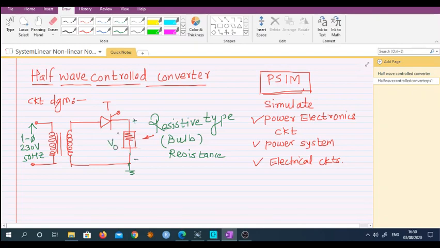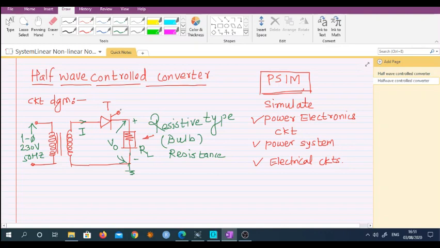This voltage is called the output voltage. Okay, the voltage across this resistive load, we call this RL, and the current flowing through this, let us denote it as I. The same current will be flowing through the circuit.